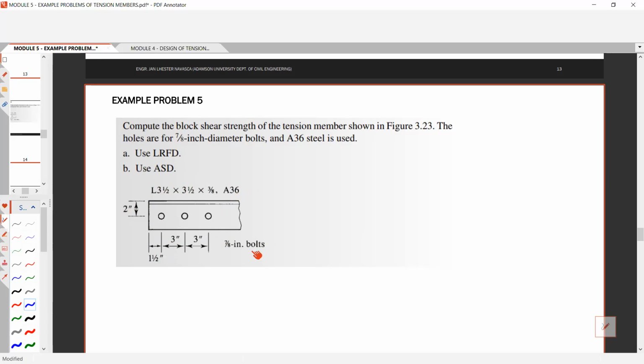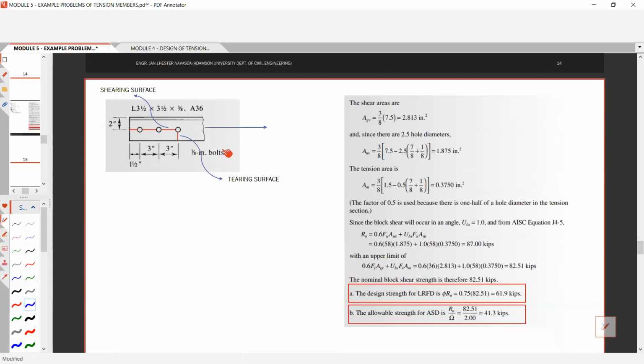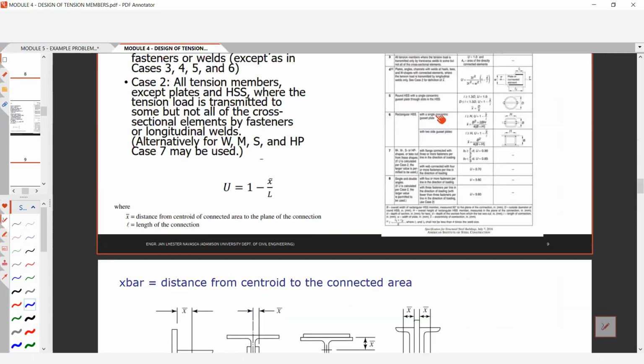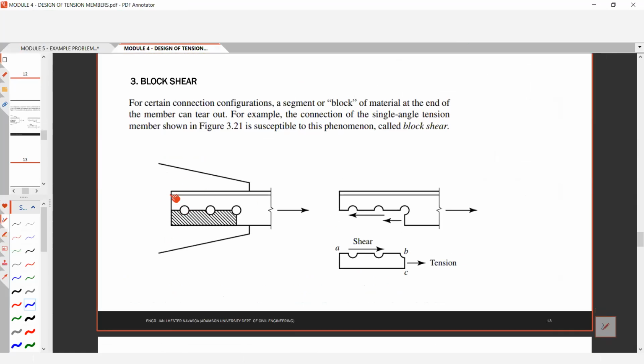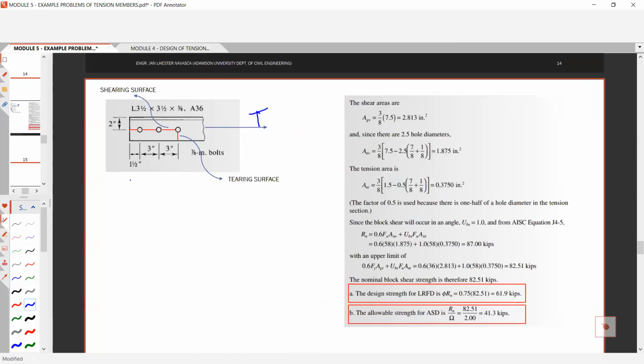Okay, so considering block shear, we have this load. Let's say this one is our load T. Block shear is the tearing of a block. A certain connection, or a segment or block of material, is torn out.